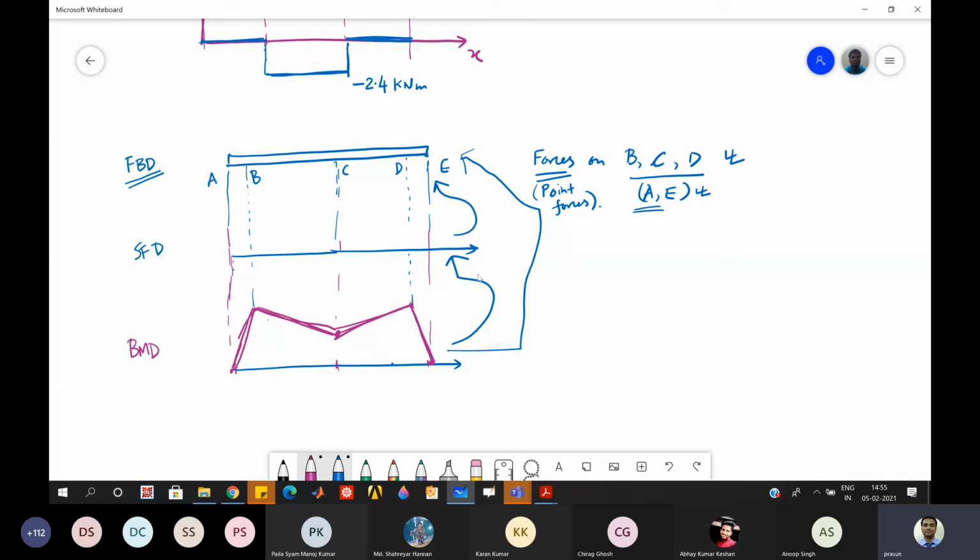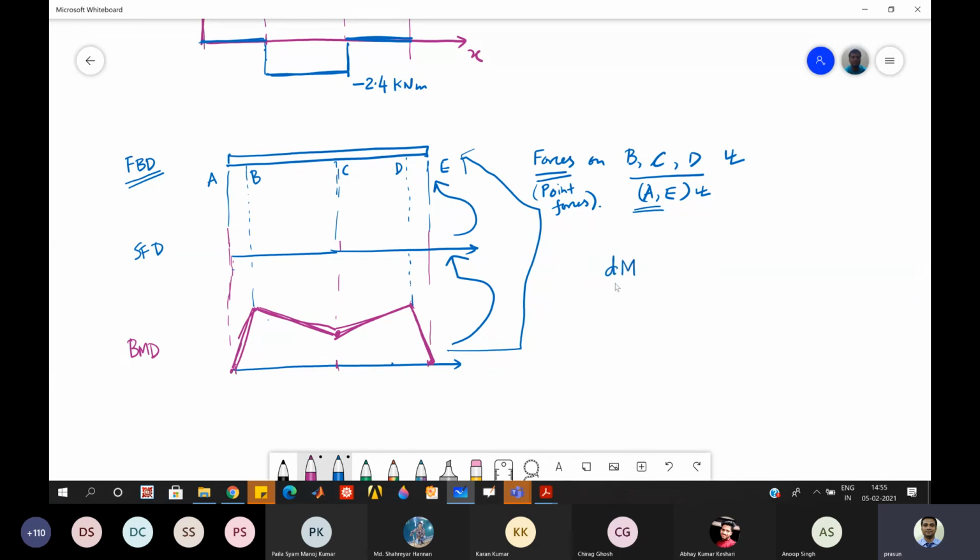Yeah. So, we'll take help of some important equations. I don't know whether, I think Professor Sushant Chakraborty, when he discussed this concept of internal forces, mentioned these two important equations.